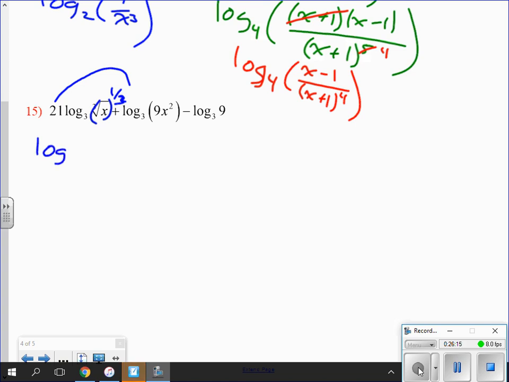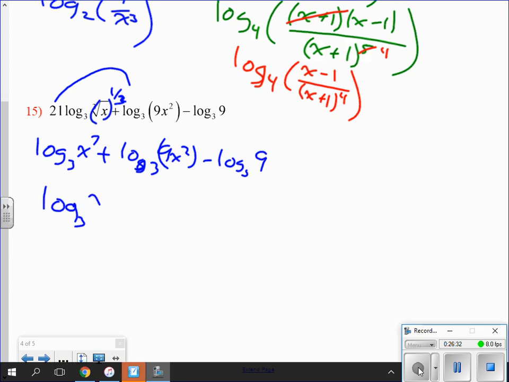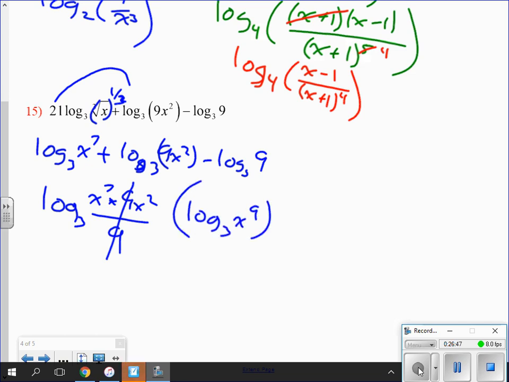So this is the log base 3 of x to the 7th plus log base 3 of 9x squared minus log base 3 of 9. Now you can combine them up into one log base 3 of x to the 7th times 9x squared divided by 9. The 9's cancel, and you get log base 3 of x to the 9th. And that's your answer.